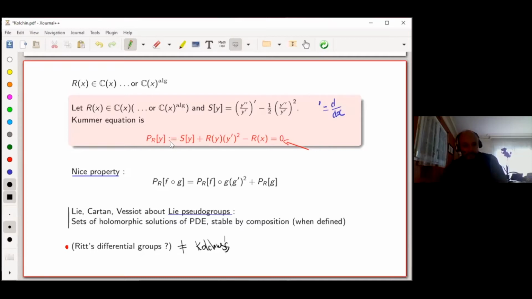But this equation appears in other parts of mathematics. For instance, there is another place where it appears: Ritt's theorem about permutable functions.